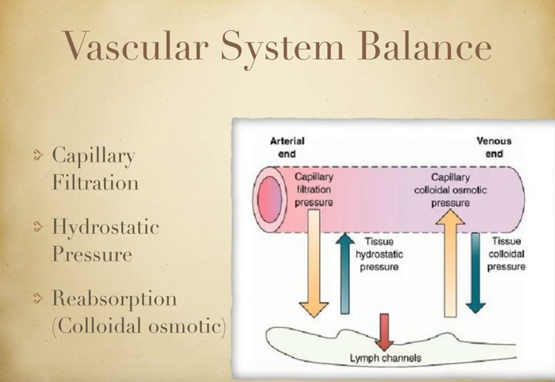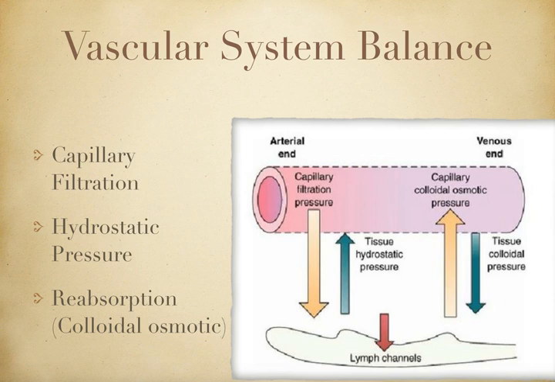And then just to make things a little bit more complicated, we've got how the vascular system wants to balance things out. There are three major systems at work. One is capillary filtration, the movement of the fluids through the capillaries that results from blood pushing against the capillary walls.